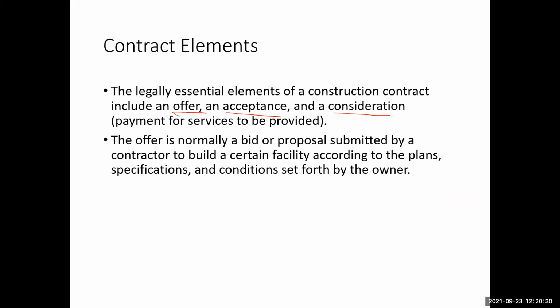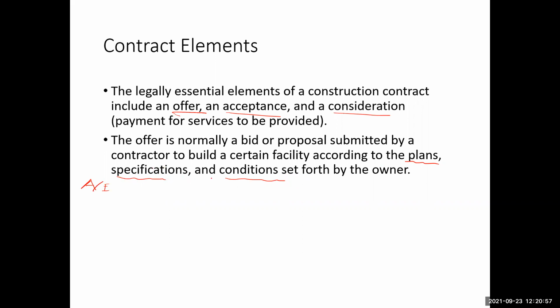So in a traditional case, the owner will first create the plans, specifications, and the conditions for the project. That of course will be created by the architect or the engineering firm. They will create the plans, specifications, and the conditions for the contractor.